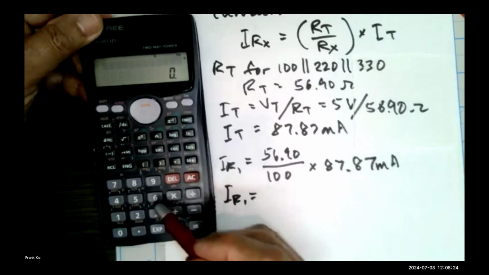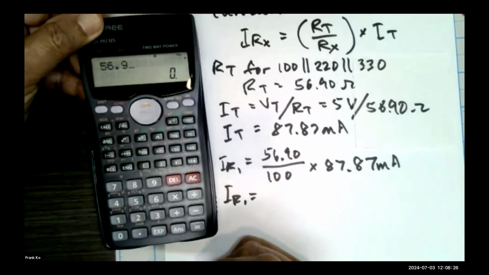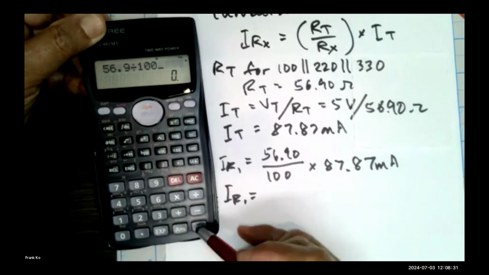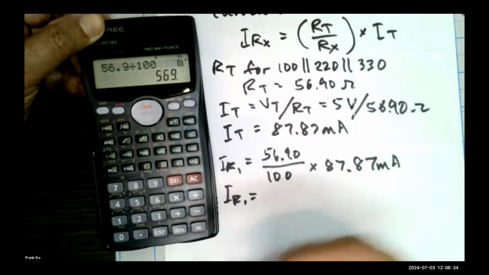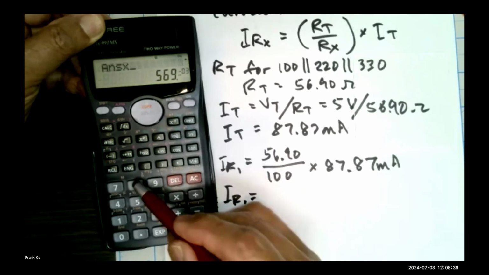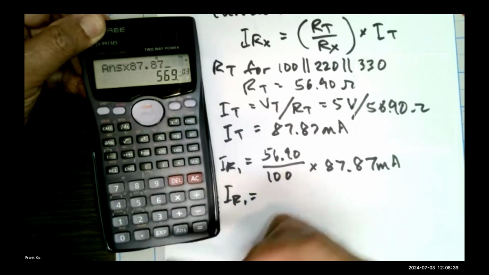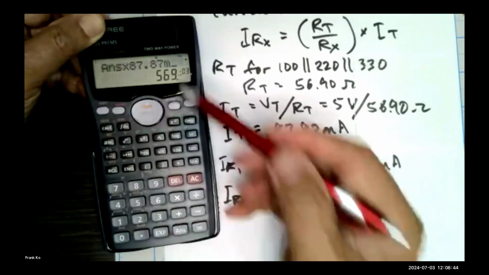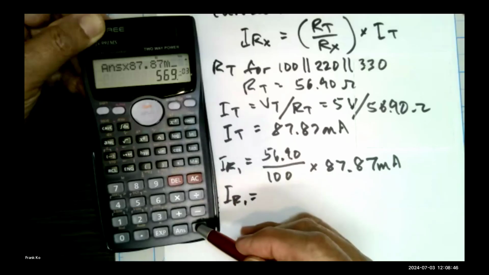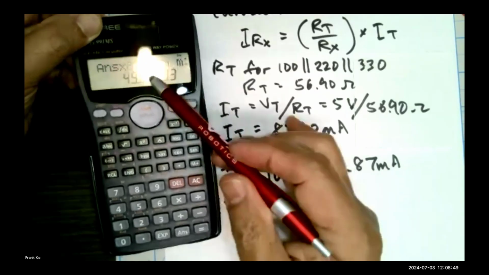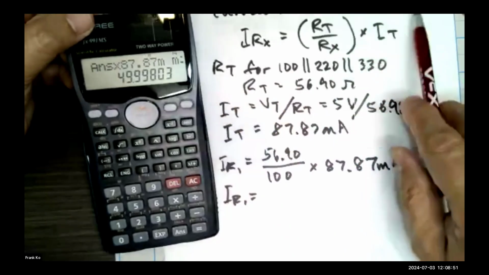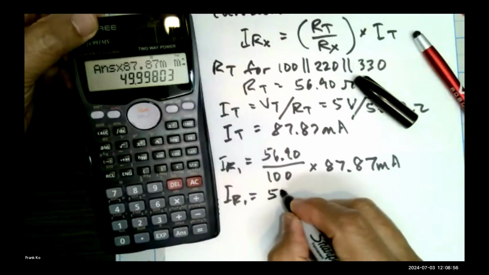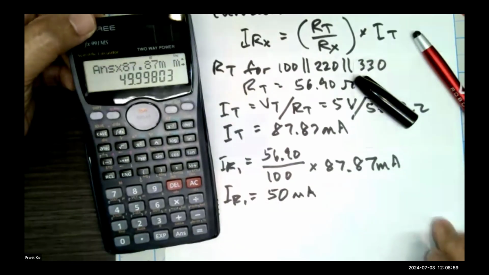Clear. All right, so take 56.9 and divide by my 100. I could hit equals or not. Yeah, algebra works just fine on the calculator, times 87.87, and my milli is presented as shift milli, equals. And guess what? The 49.998, how would you round? Milli works out to be what? Pretty darn close to our calculated 50 milliamps, which is what we calculated earlier.